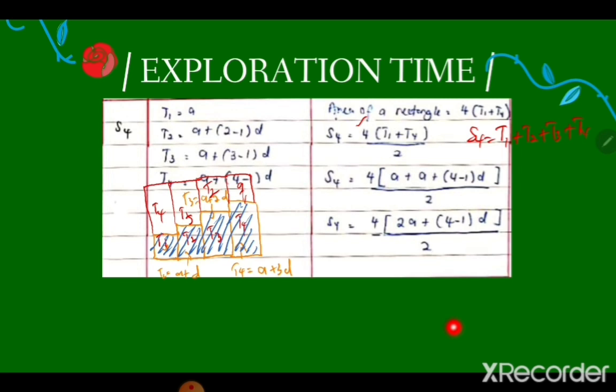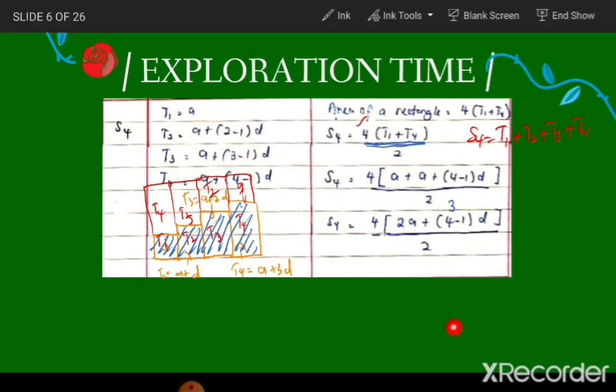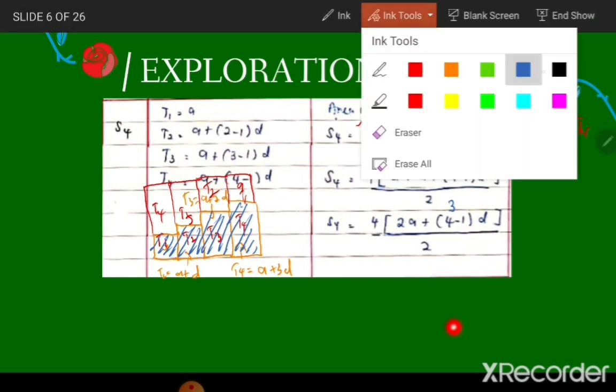So that is why, when we talk about half, this is where dividing by 2 comes in. So we can see that S4 is actually 4 times 2a plus 3d over 2. Let me write it down here.